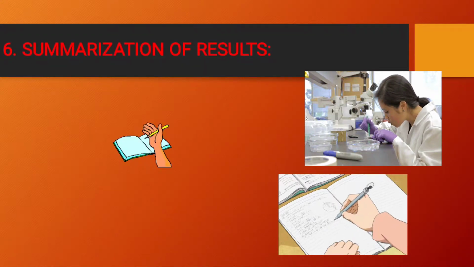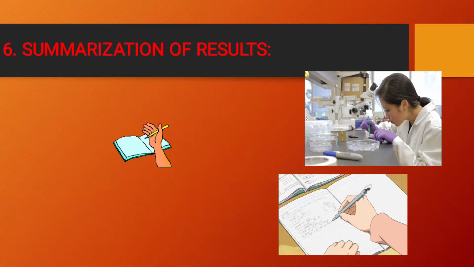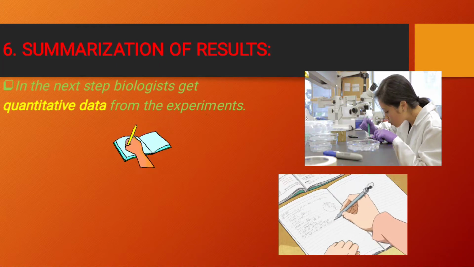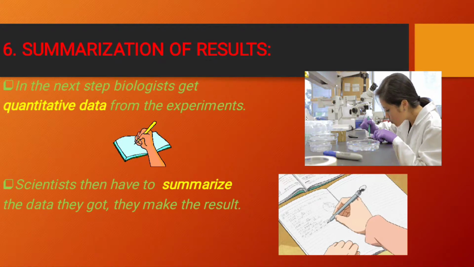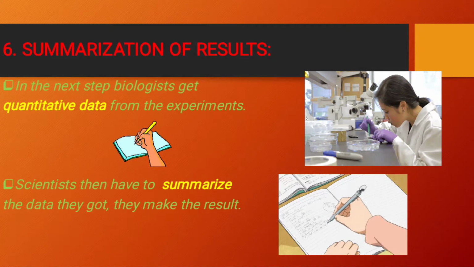6th step of biological method is summarization of results. In next step, biologists get quantitative data from the experiments. Scientists then have to summarize the data they got. They make the results.